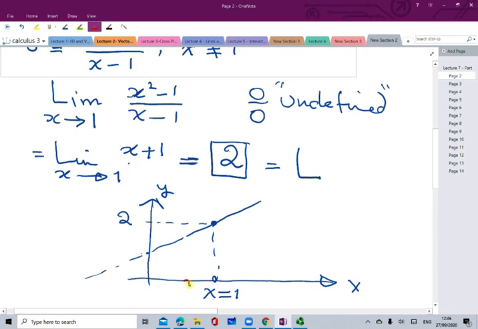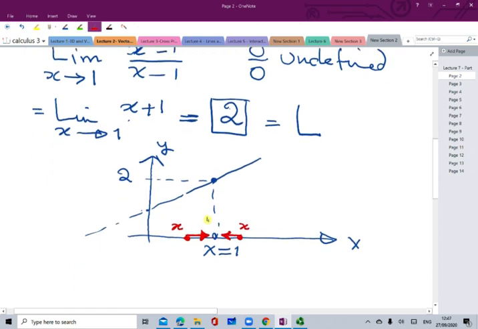It means that if I'm standing at any x close to 1, either from the left or from the right, and I approach the point x equal to 1, it's as if I'm coming from a distance delta from the point x equal to 1. For any x, the absolute value of x minus 1 is less than delta.